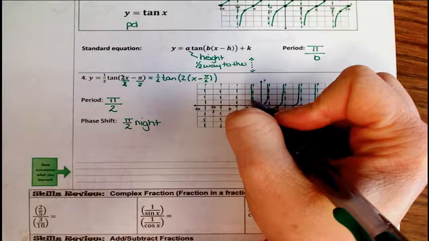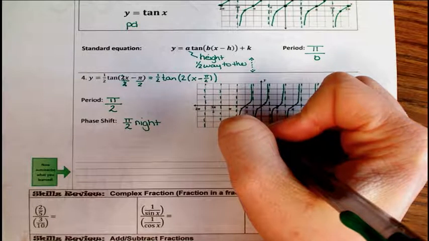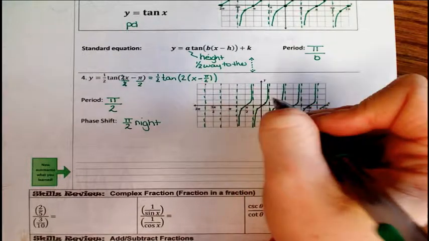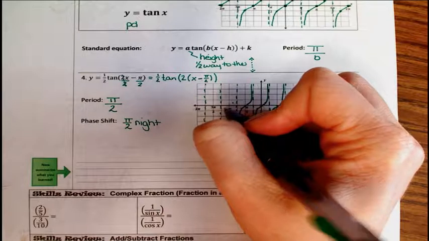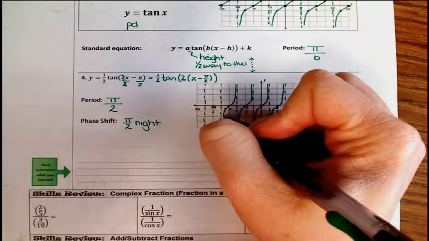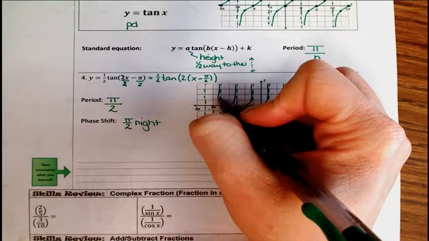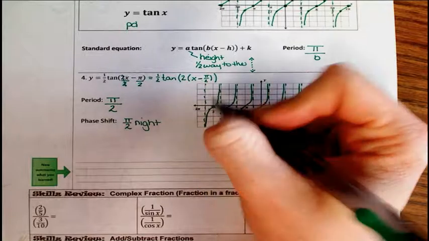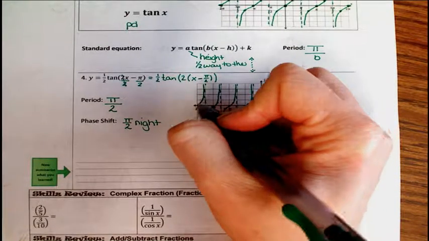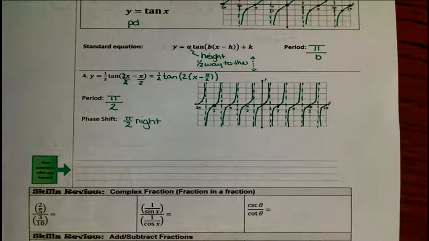All right, so that's going to be right there, there, and there. Halfway, halfway, boom, boom, boom. And just a couple more here. And there you have it. That would be your translated tangent graph.